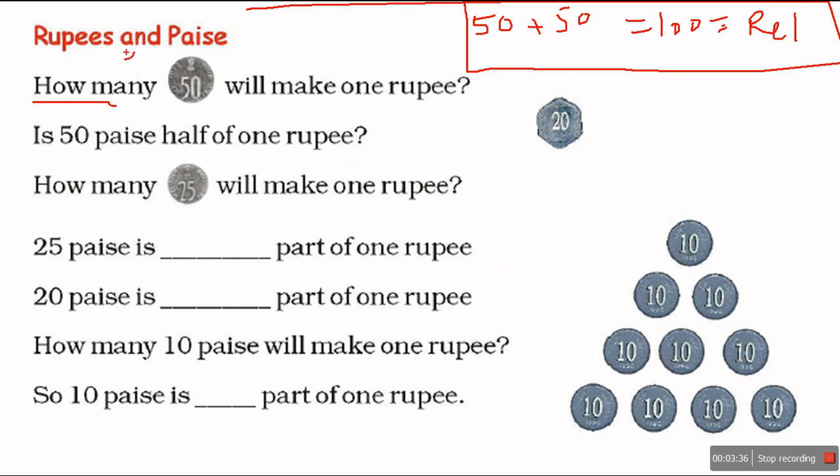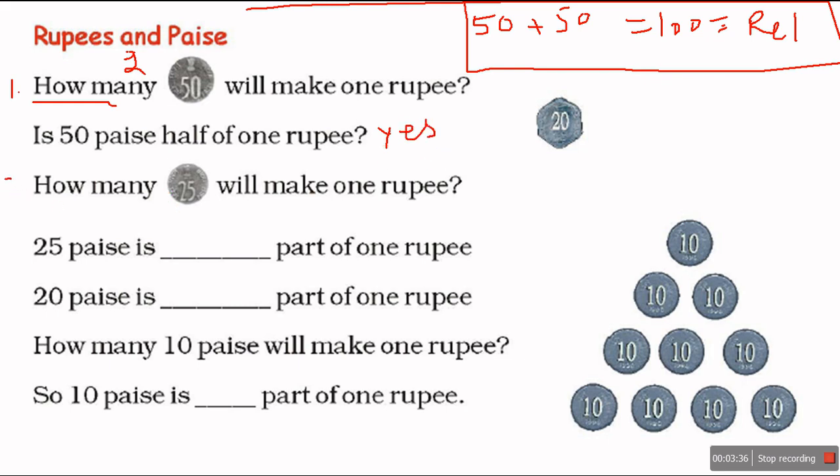So 2 50 paisa will make 1 rupee. Question number 1 is this: how many 50 paisa will make 1 rupee? The answer is 2. Is 50 paisa half of 1 rupee? Yes, 50 paisa is half of 1 rupee.